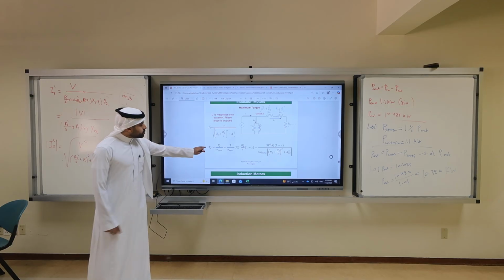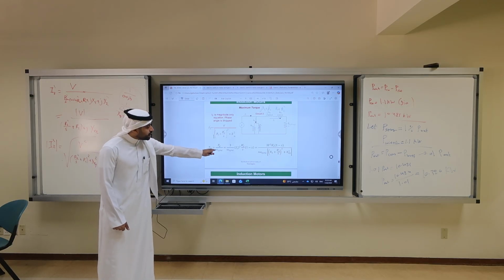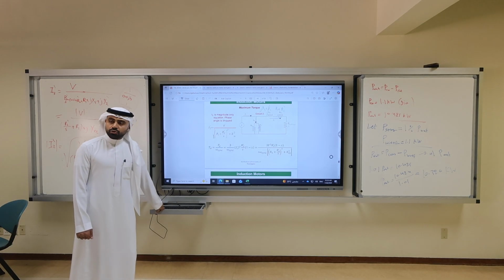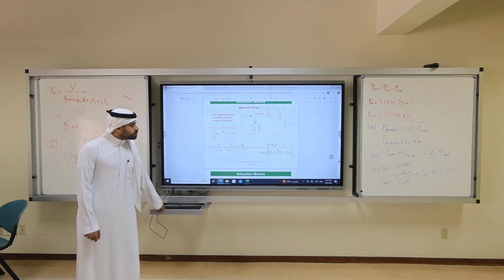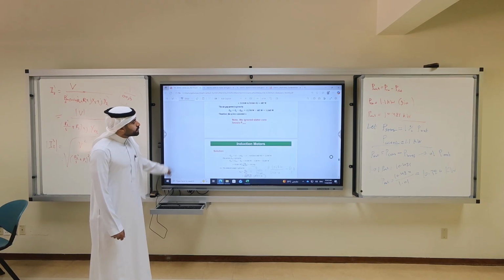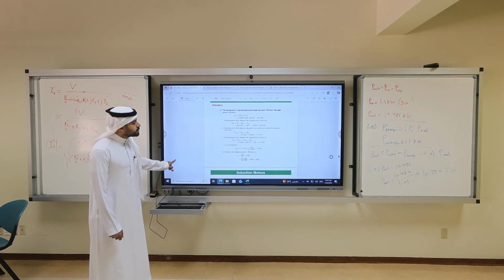To substitute, developed torque is P air gap over omega sync. You agree with me? Yes. And P air gap is what?